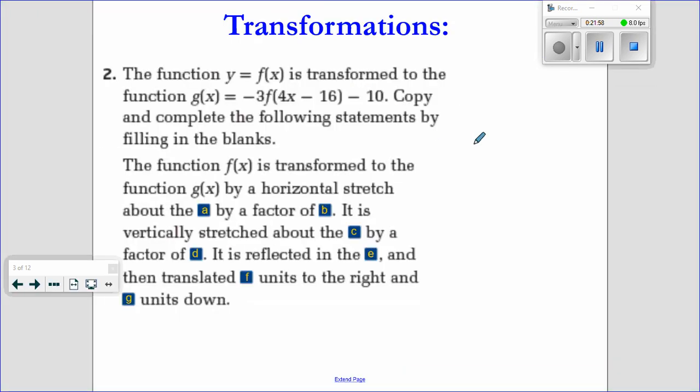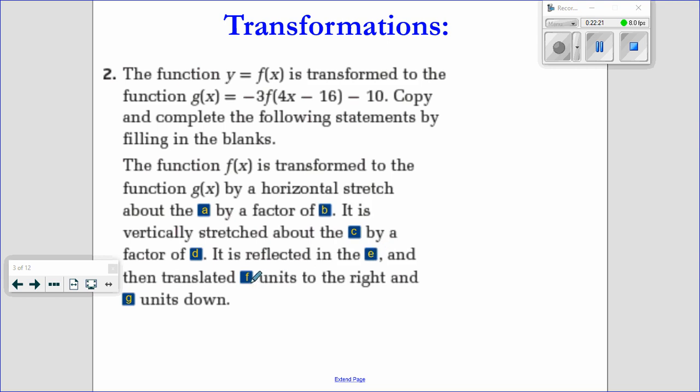So there is your homework. If you think A should be about the x-axis or about the y-axis, you've got to give me x-axis or y-axis by a factor of, tell me the factor. Vertically stretched about the x-axis or y-axis, tell me the factor. Is it reflected in the x-axis or is it reflected in the y-axis? Tell me.